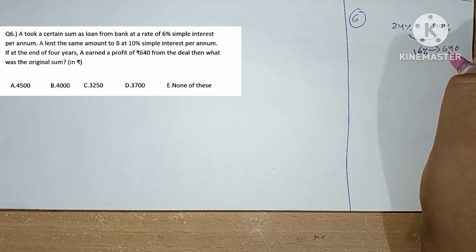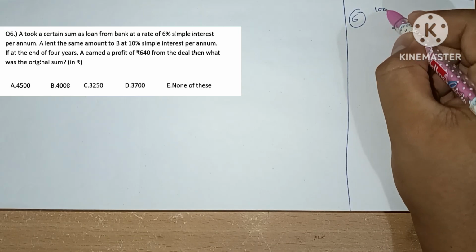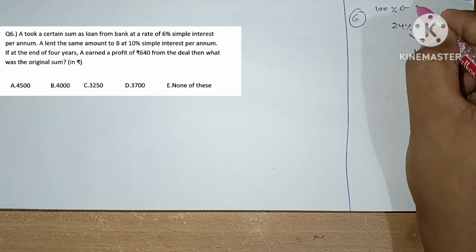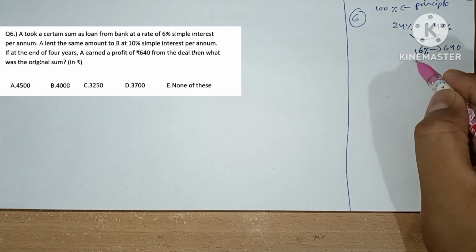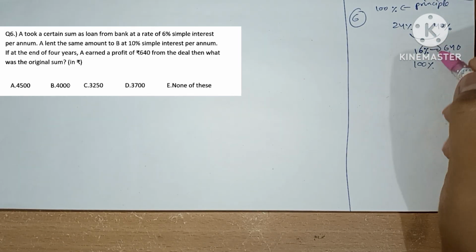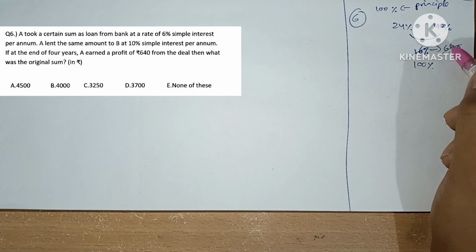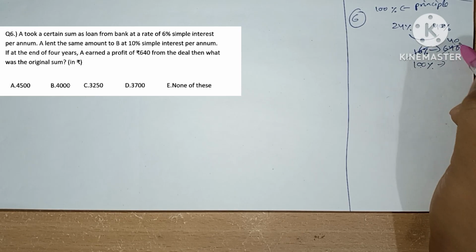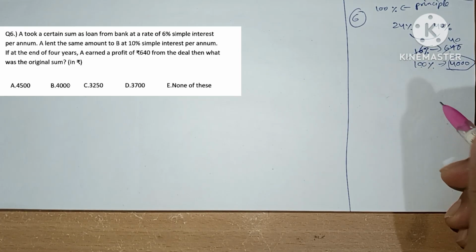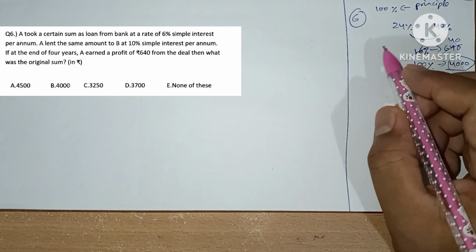Then we need to find the total 100% value, which is nothing but the principal or sum. So 100% value will be 640 divided by 16 times 100, which will be 4000. So this is our answer. So the answer will be option B.